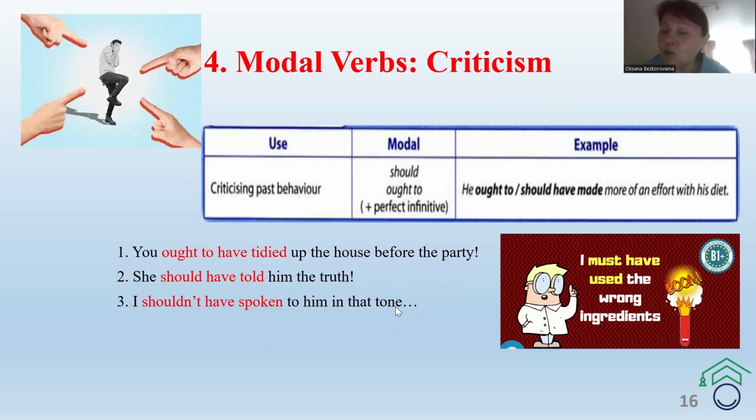We feel some regret, yeah? We would like the situation to be different, yeah? Criticizing, it's self-criticism, yeah, criticism and regret. For example, I must have used the wrong ingredients. So, criticizing past behavior, we use should, ought to, plus perfect infinitive.